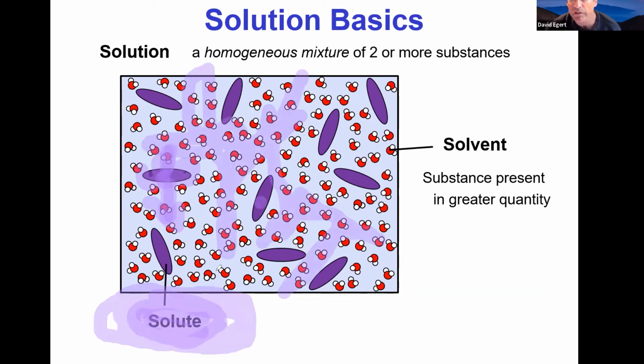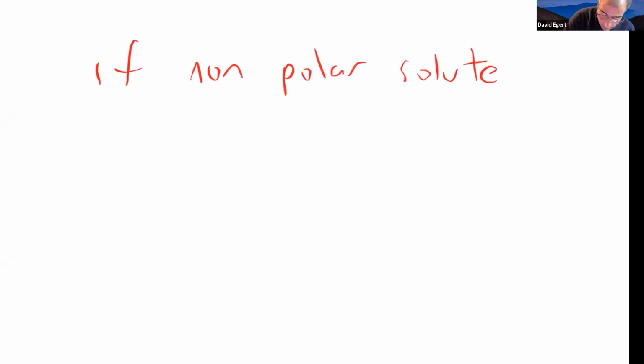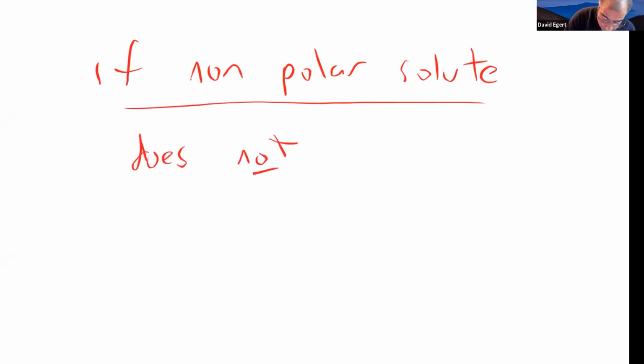It's just going to get squeezed off to the side. It does not dance with the polar water molecules.